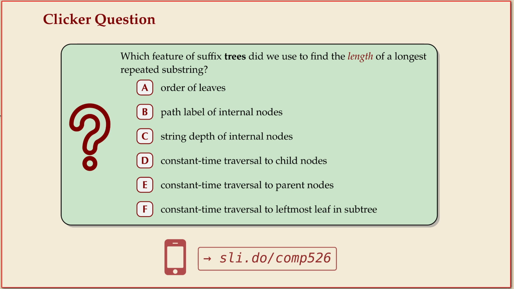So again, this was find some substring in the text that occurs in at least 2 positions. It's fine if these are overlapping occurrences. We could solve that in linear time using suffix trees. And we used some features of the tree there, and that will guide us towards what's still missing if we just have the suffix array.